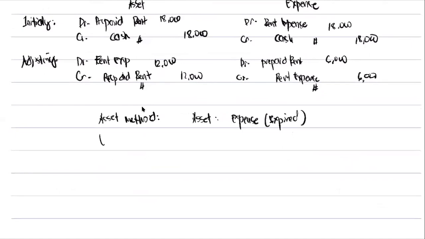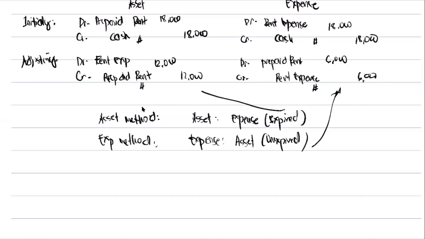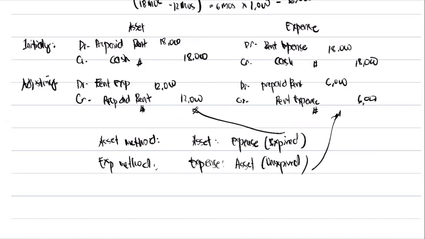Next, under expense method, initially you recognize an expense. Subsequently, you recognize an asset at the amount of unexpired. So, asset siya, yung adjusting mo ay expense. Expense siya, yung adjusting mo ay asset.